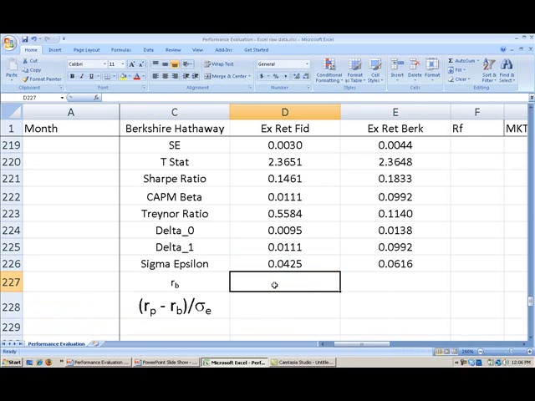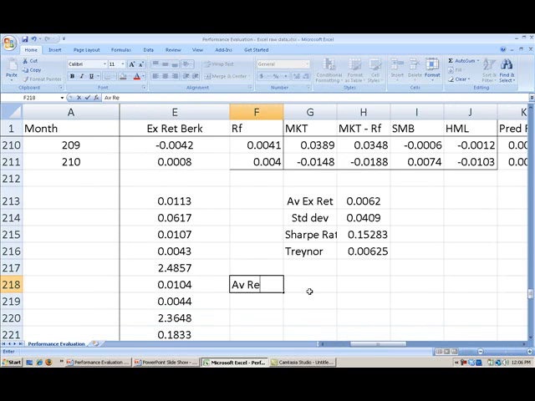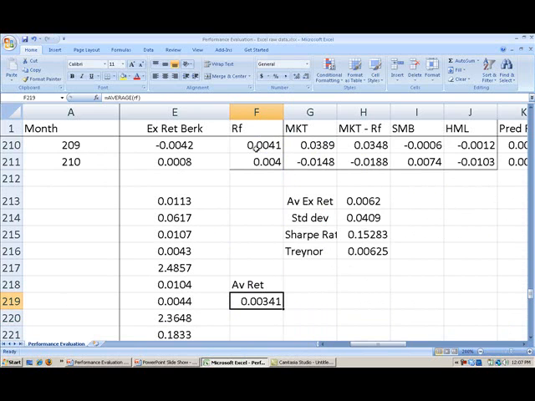For the CAPM, we would predict that the returns would be related to the average risk-free rate plus the beta for the fund times the average excess returns on the market for the same period. We need to calculate the average returns for the risk-free rate, which is going to be equal to average, and then select the risk-free rate, close brackets. Let's label that av_RF, hit enter.